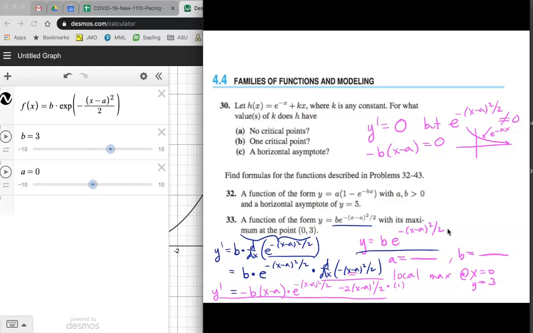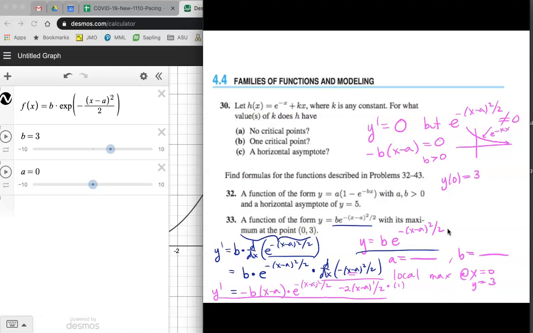But we know that to get this maximum to occur, b has to be something non-zero. B has to be greater than 0. We know that to get this maximum to be 3, y evaluated at 0 is supposed to be equal to 3.